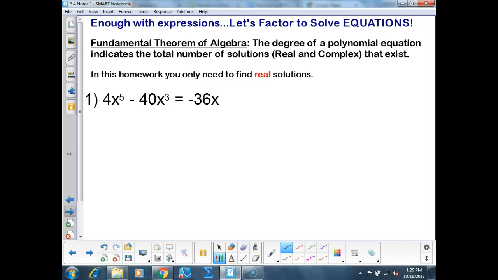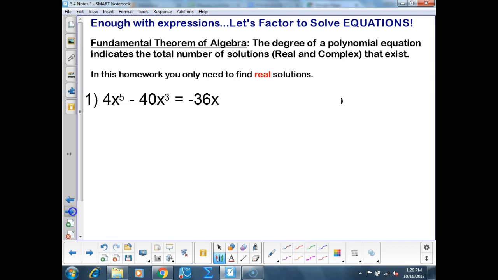So if we have 5 possible solutions, we could have 5 answers for this problem, we could have 3 answers, or we could have 1 answer, because those complexes come in pairs. So, we need to find real solutions.